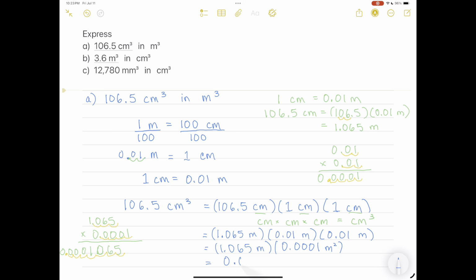And I write that underneath the problem, making sure not to leave out any zeros. So it's 0.0001065 meters cubed, because I also must multiply meters squared times meters. So 106.5 cubic centimeters equals 0.0001065 meters cubed. I box my answer.